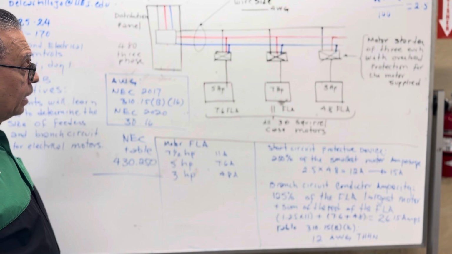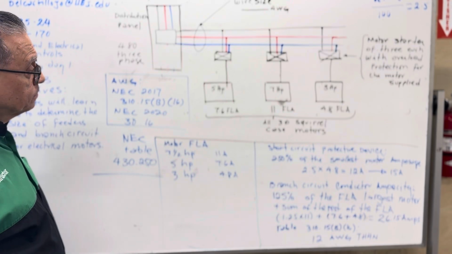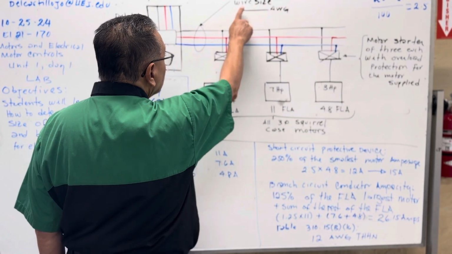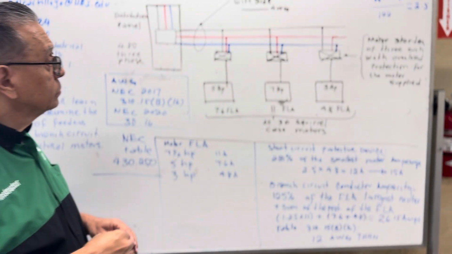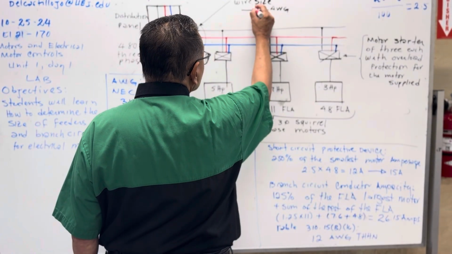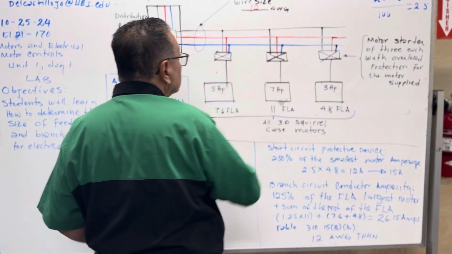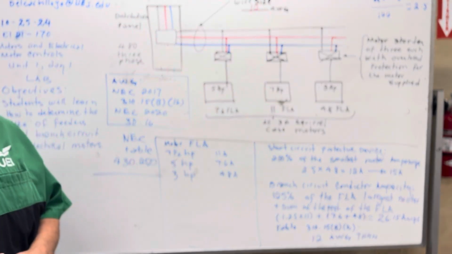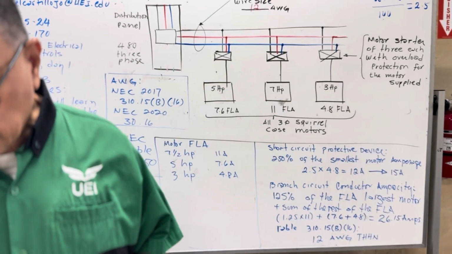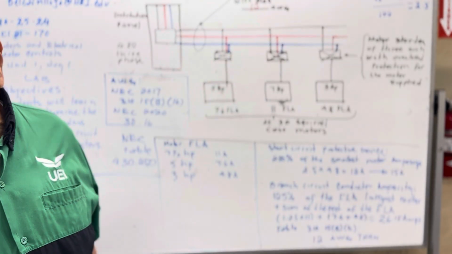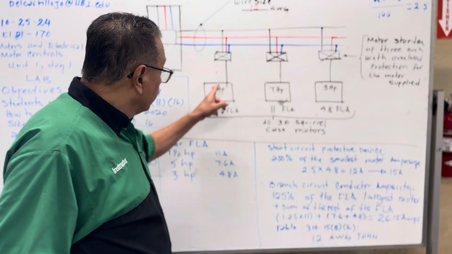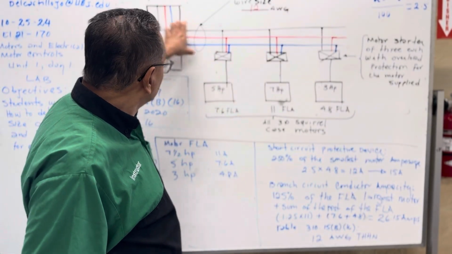And this will be gauge 12. That is what I need to use for the feeder. Right here, this is the feeder.